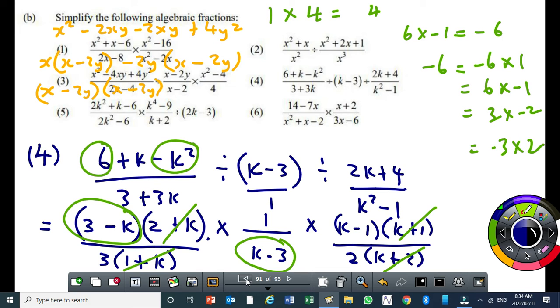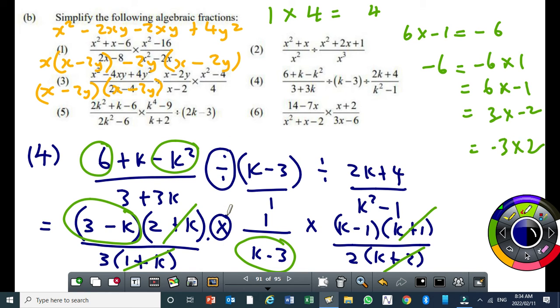I'm just rewriting all the terms that are left now. Because we converted the division to multiplication, then we swapped the numerator and the denominator. Remember that. I converted the division sign to multiplication.